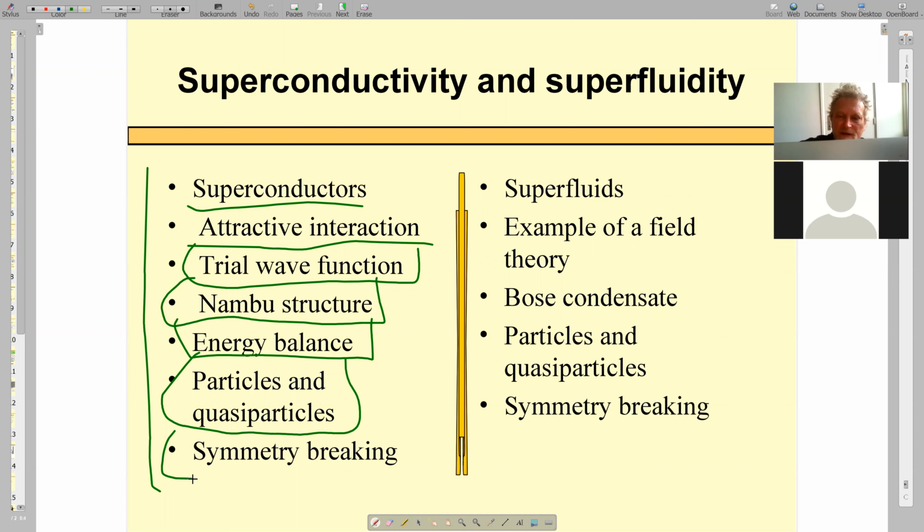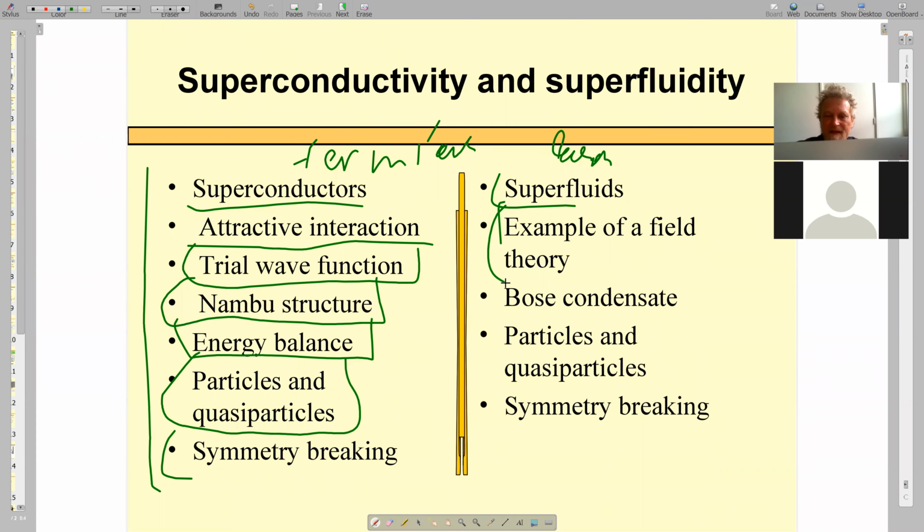Then we switch to superfluids, and I shall say that those are not fermions. They're bosons. So the methods are different, and we treat superfluids in a completely different way.